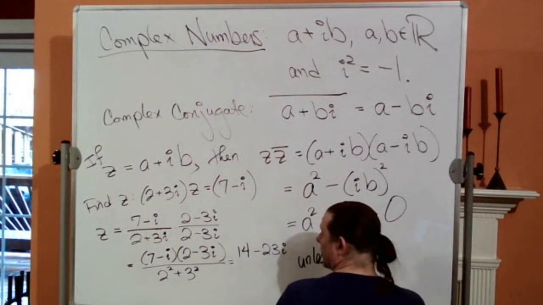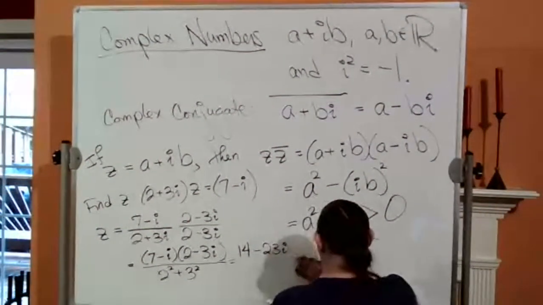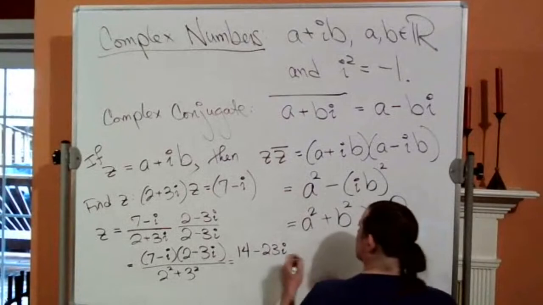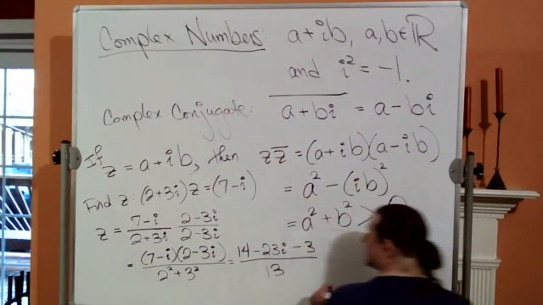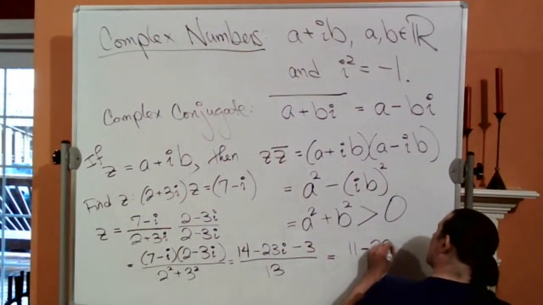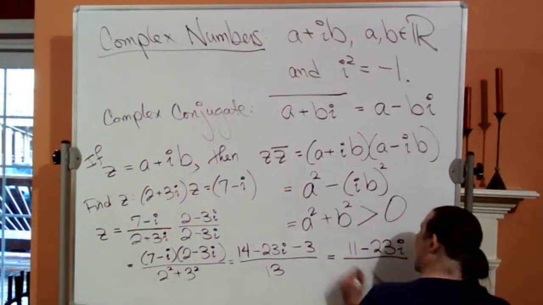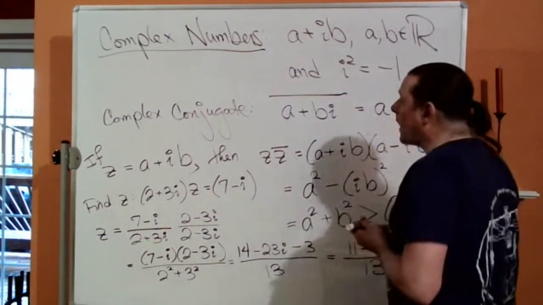So that's minus 23i. And then it's going to be plus 3i squared. So that's minus 3 divided by 13, which is 11 minus 23i divided by 13.